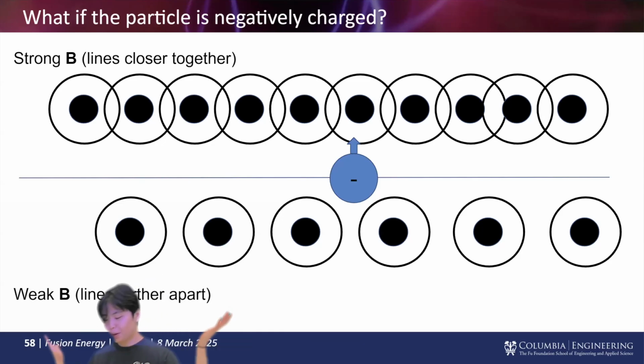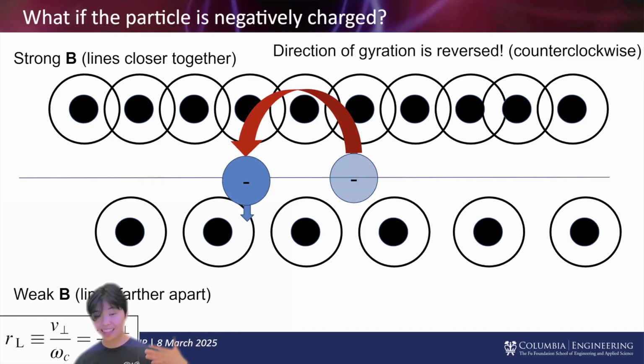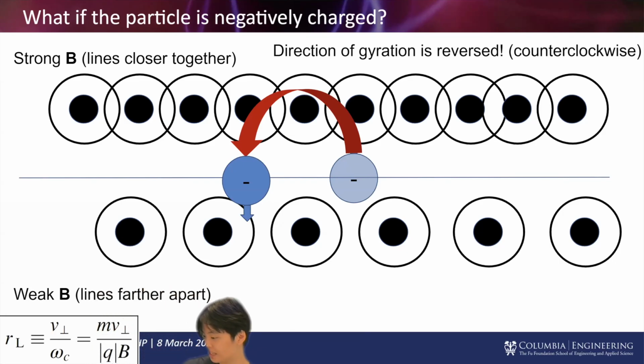Okay, so what if the particle is negatively charged? Is this different? Well, I'm going to go in a different direction because the direction of gyration is reversed. It's counterclockwise. But I'm still experiencing the same effect from the Larmor radius. I'm moving into a stronger B area, therefore my Larmor radius is going to be smaller.